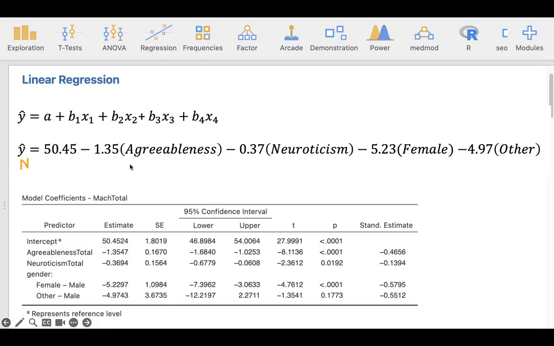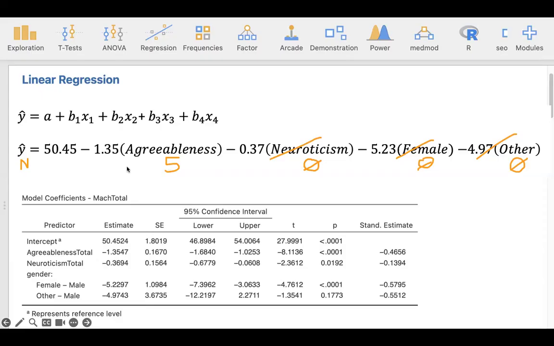So we're actually going to use, let's say, 5. So let's say that agreeableness is 5. And then we're going to keep the other variables constant. We're going to keep them at 0, 0, 0. So this would mean that we're looking at a male because that's our reference group for 0, right? So that crosses it out. And then we're going to say neuroticism is 0.